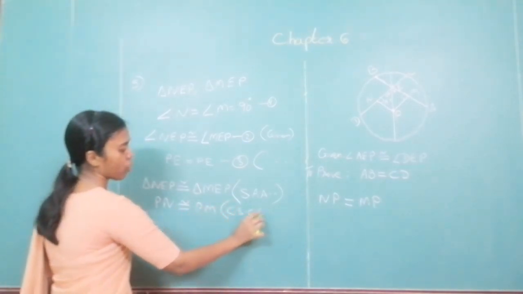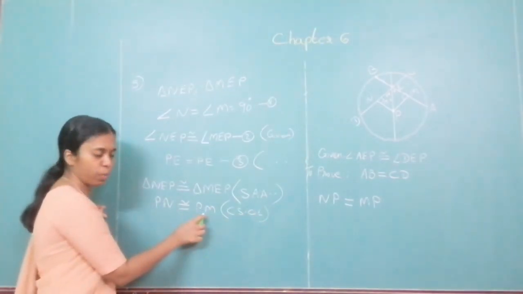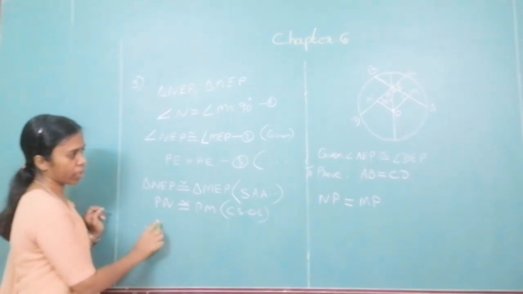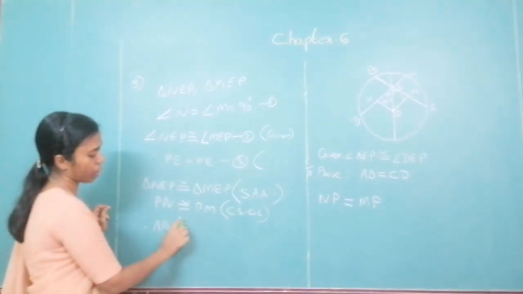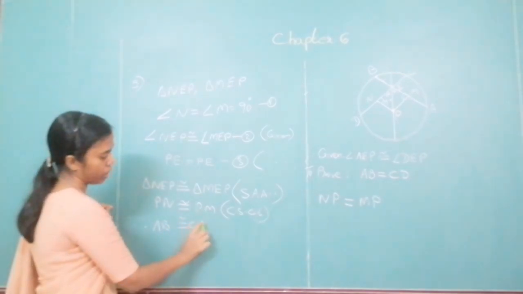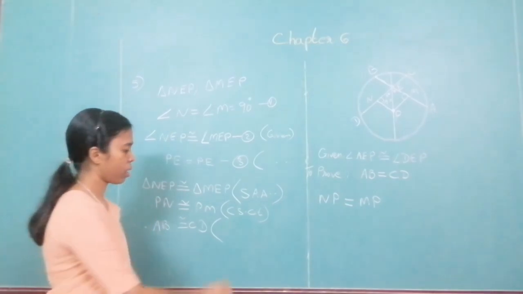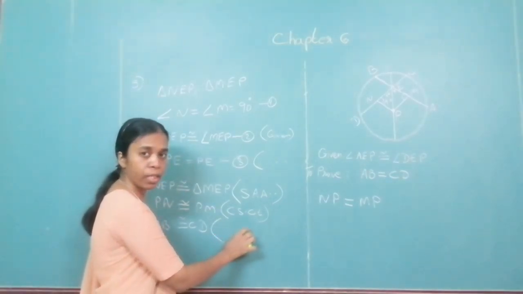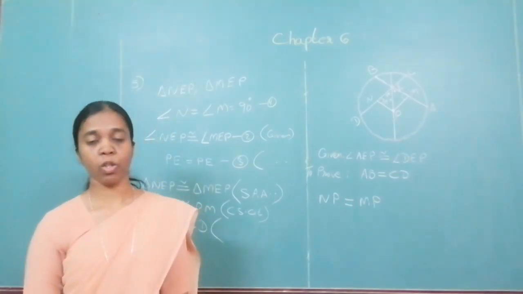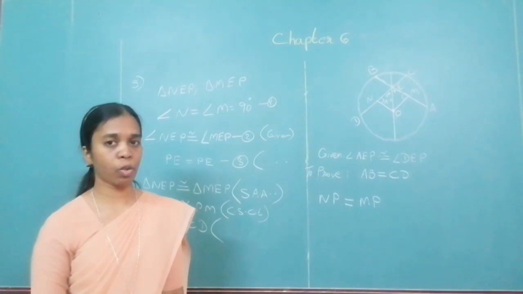Corresponding sides of congruent triangle. Now, if PN is equal to PM, therefore, I can say that my chords, that is AB, is congruent to CD. By what will you write the reason? Chords equidistant from the center are congruent.